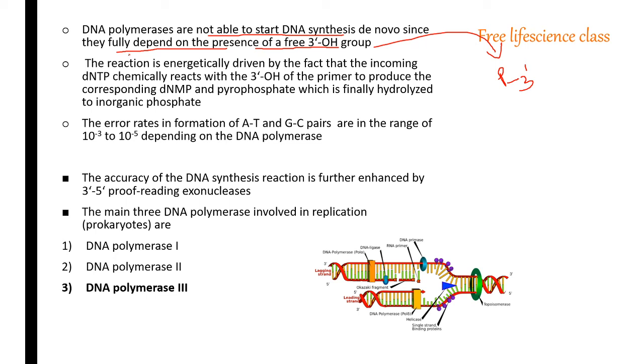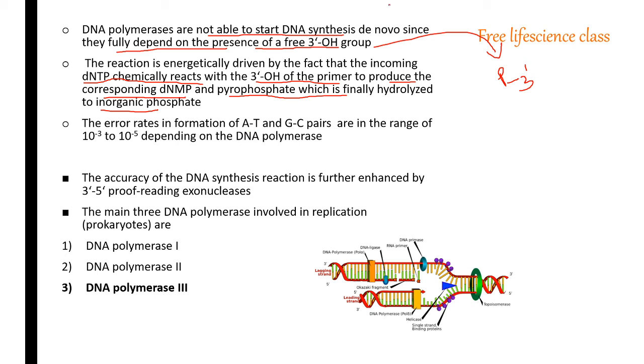This reaction is energetically driven by the fact that the incoming dNTP chemically reacts with the 3' end of the primer to produce the corresponding dNMP and pyrophosphate, which is finally hydrolyzed into inorganic phosphate.